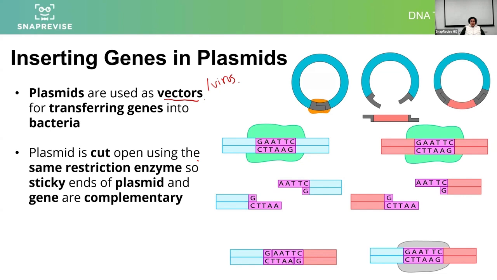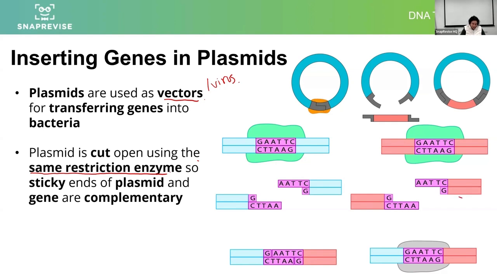We will cut the plasmid open, but we crucially have to use the same restriction enzyme as we did for the gene of interest that we generated previously. Why is that?